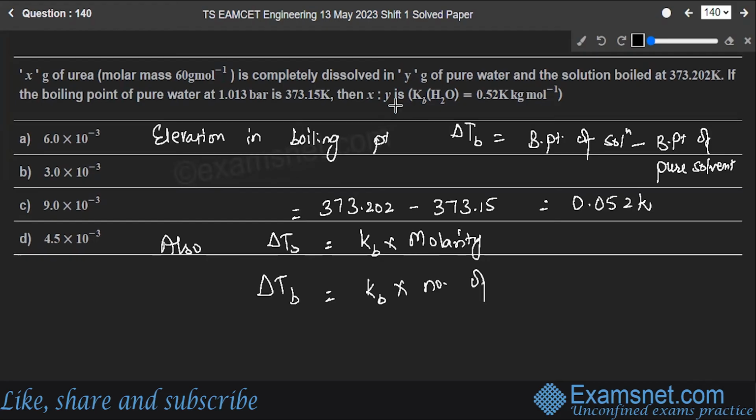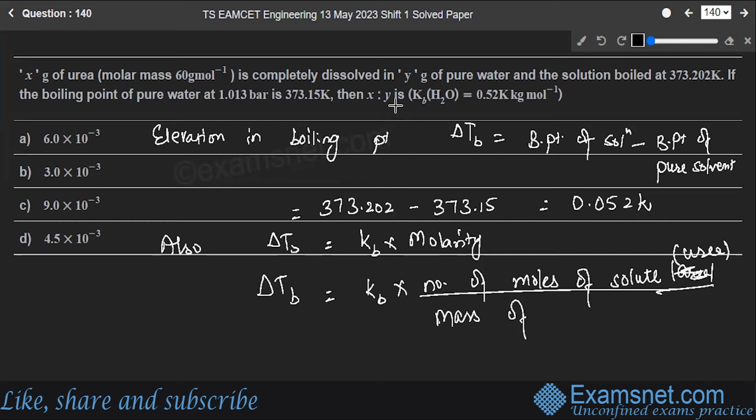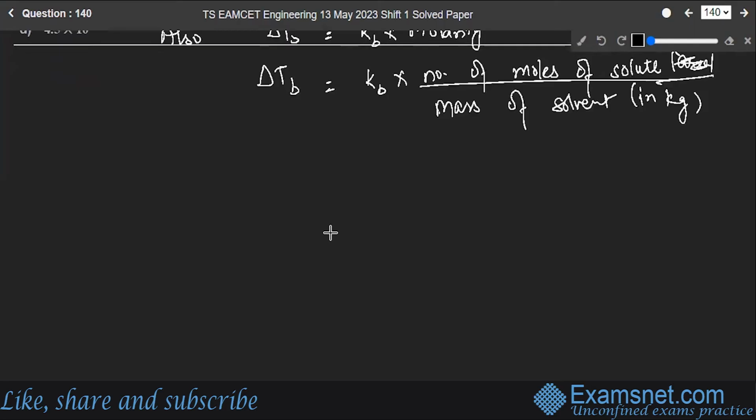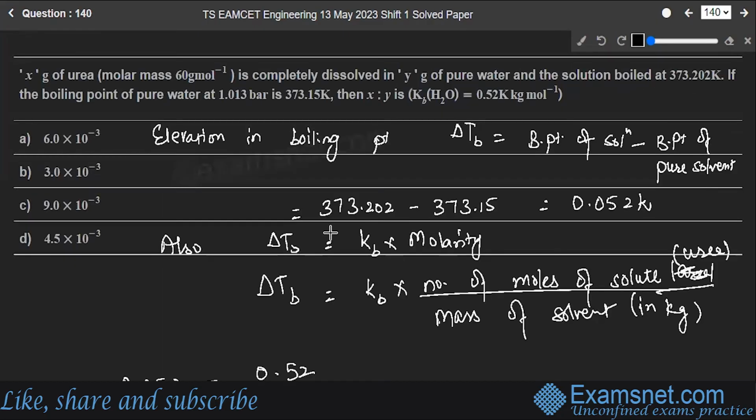Number of moles of solute, urea, upon mass of solvent in kg. So 0.052 is equal to 0.52, it's given in the question.